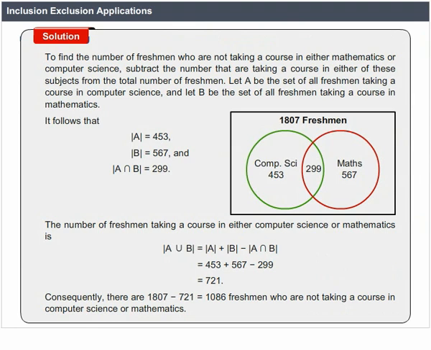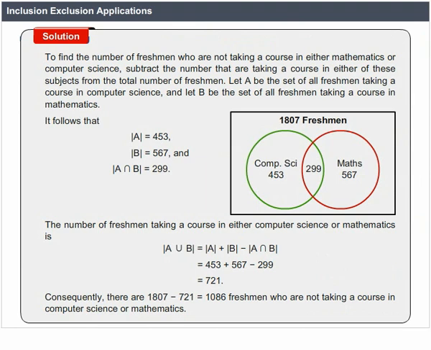The number of freshmen taking a course in either computer science or mathematics is |A ∪ B| = |A| + |B| − |A ∩ B| = 453 + 567 − 299 = 721. Consequently, there are 1807 − 721 = 1086 freshmen who are not taking a course in computer science or mathematics.